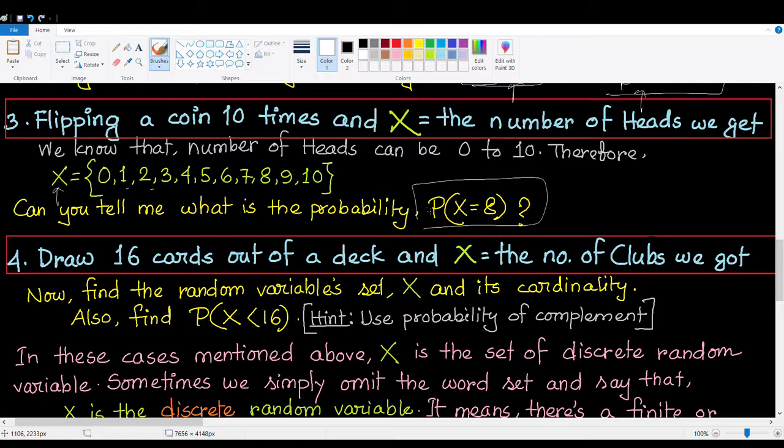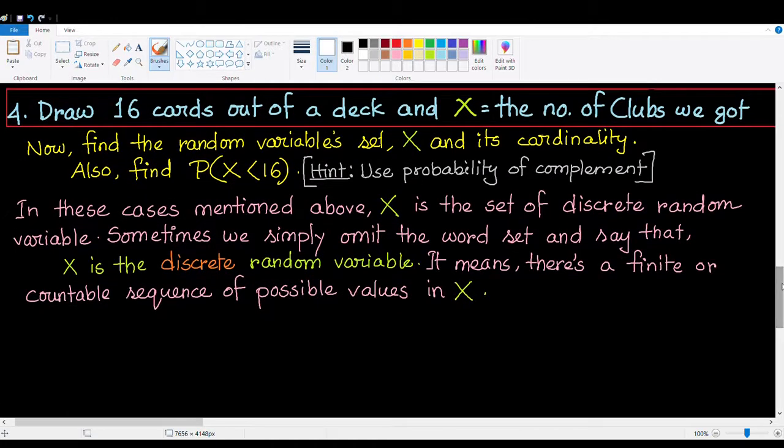So that is my question to you, and you have to solve it on your own. In example 4, we are drawing 16 cards out of a deck, of course randomly, and X is the number of clubs we get. So you have to find the random variable set X on your own here and also find its cardinality.